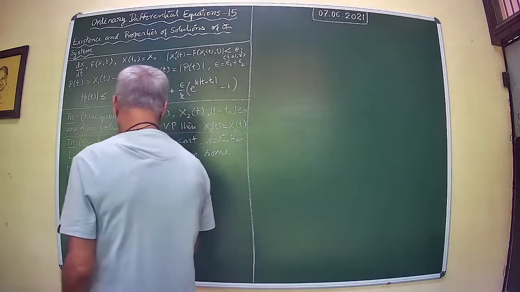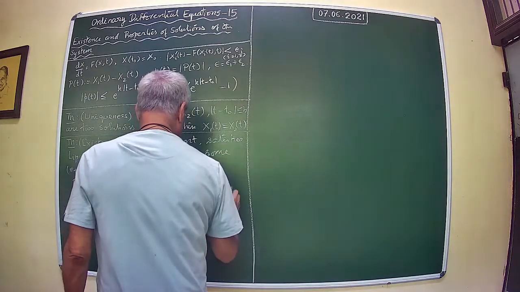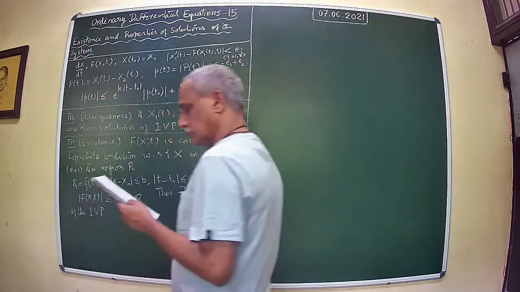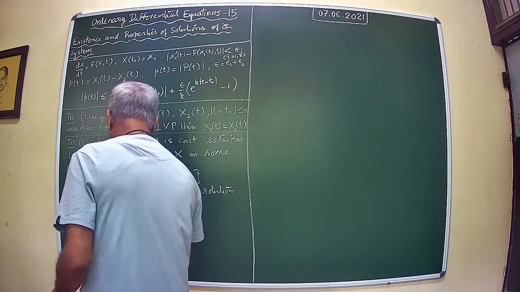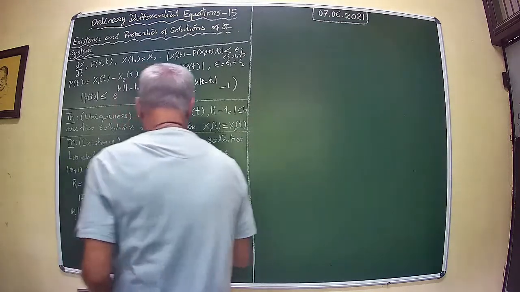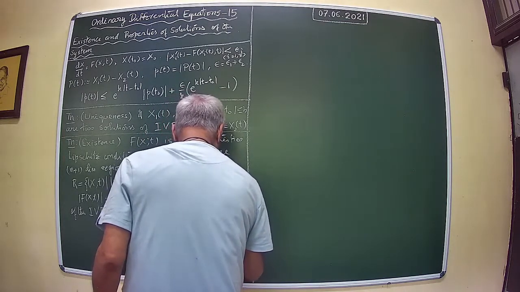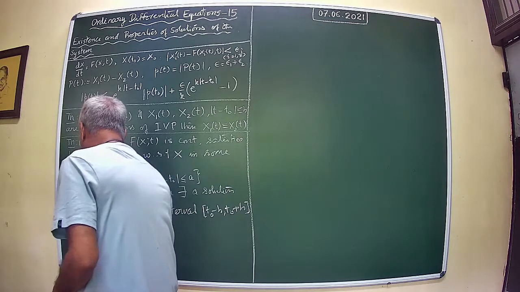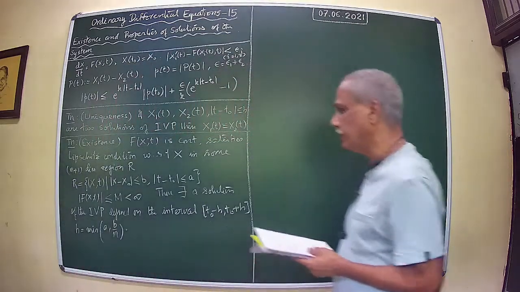Then there exists a solution of the initial value problem defined on the interval t naught minus h to t naught plus h, where h is of course the minimum of a and b by M.